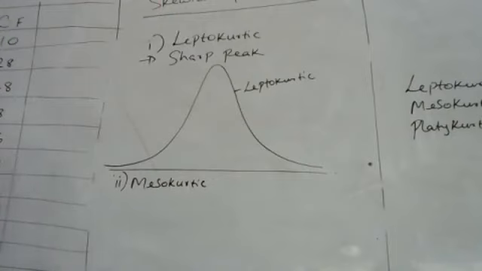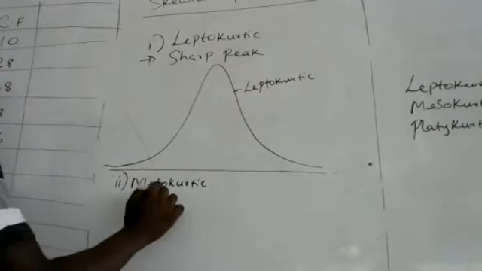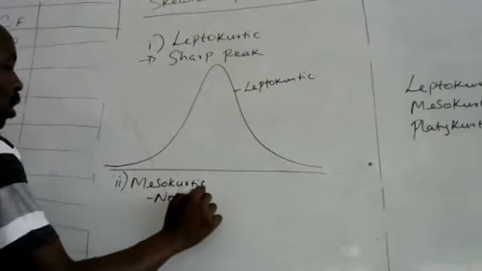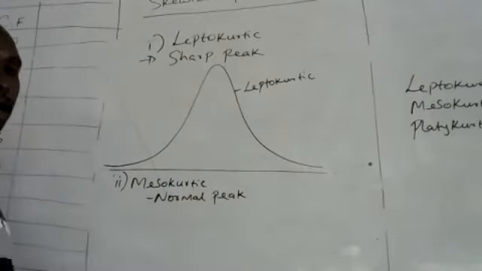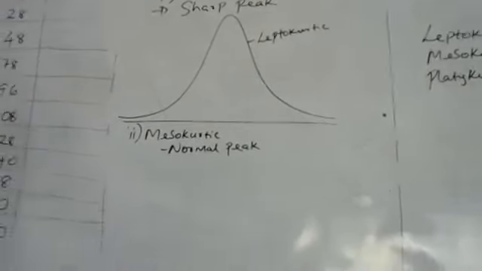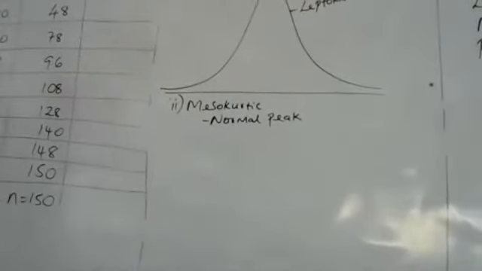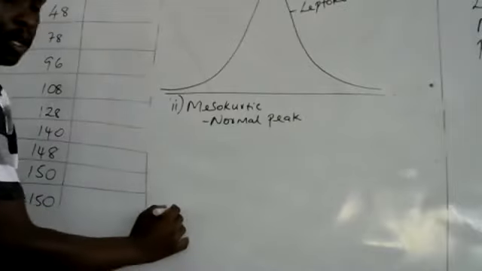Then we have what we call mesokurtic. The second type of kurtosis is mesokurtic. It is a distribution with a normal peak.